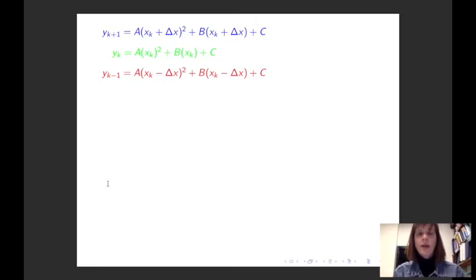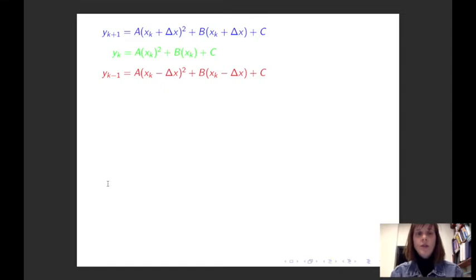So when I plug in x sub k plus 1 into my equation of my parabola, I will get this equation in blue. If I plug in x sub k into the equation of the parabola, I'll get this green equation. And if I plug in x sub k minus 1, that's the same as x sub k minus delta x, and I get this equation in red. I've got these highlighted in different colors because we will return to these ideas in subsequent slides.